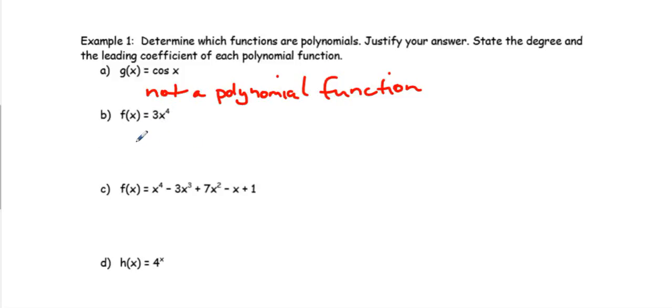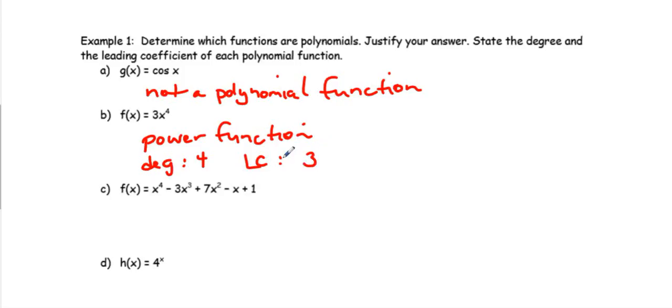This is a power function, in fact. So it's a special type of polynomial function, and it has a degree of 4, and the leading coefficient is 3.